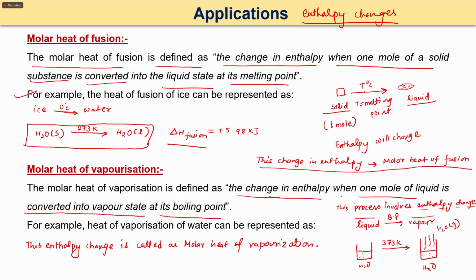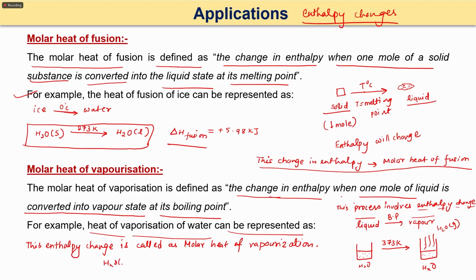Let us take an example. Here the heat of vaporization of water can be represented as follows. You are taking water in liquid state and vaporizing it, that is, making it vapor form, the gaseous state. So let us write the equation for that.